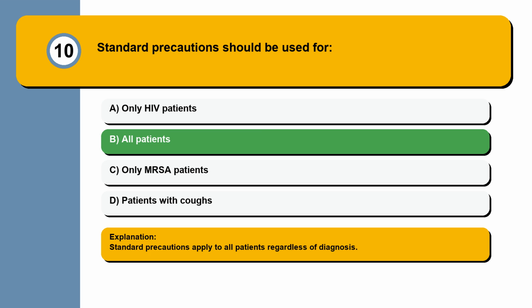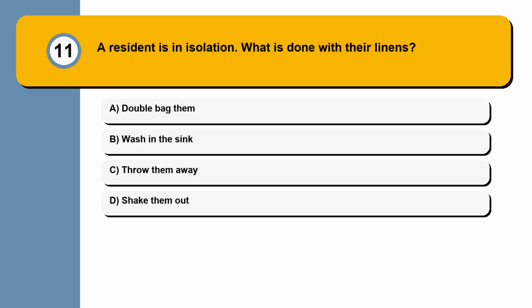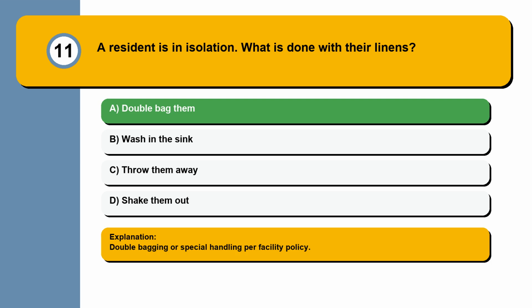Standard precautions apply to all patients regardless of diagnosis. Question 11. A resident is in isolation. What is done with their linens? Double bag them. Wash in the sink. Throw them away. Shake them out. Double bagging or special handling per facility policy.